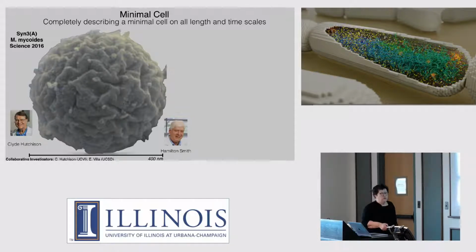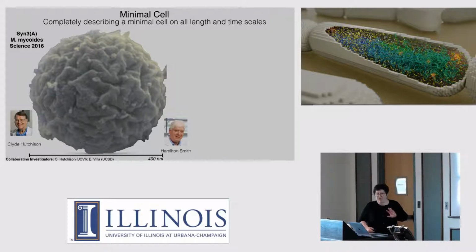He's a former University of Illinois graduate. He studied mathematics here and went to Berkeley. And when he decided he wasn't going to get the Fields Prize in mathematics, he switched to biology and got the Nobel Prize for restriction enzymes.